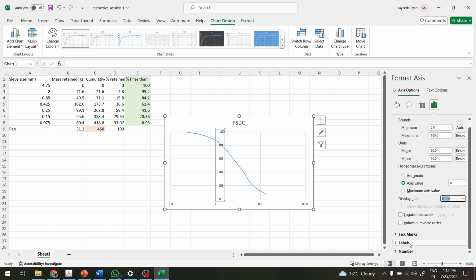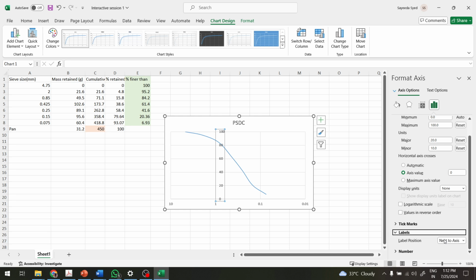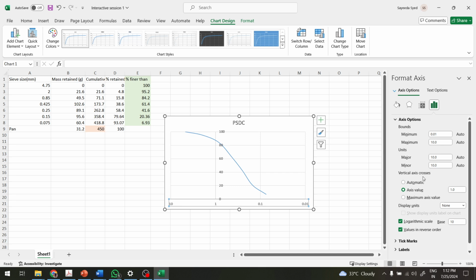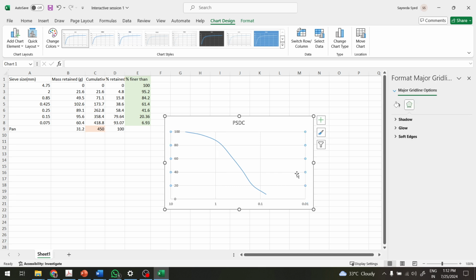So let's write the label. Here, vertical axis crosses at 10. Okay. So this is our particle size distribution.